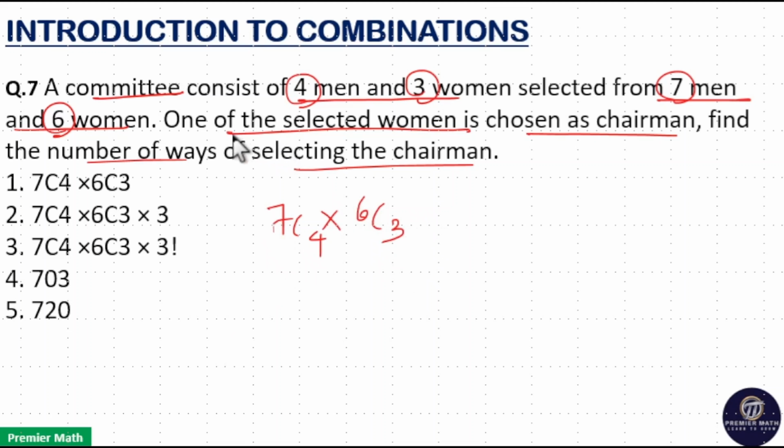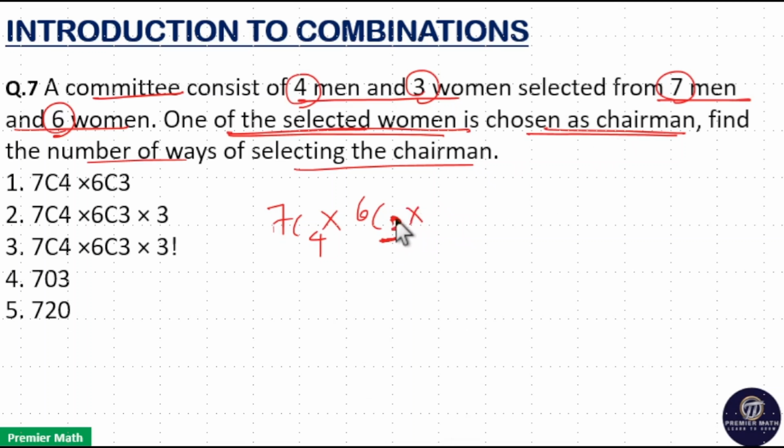Now, one of the selected women is chosen as chairman, means here the selected women are 3. So from these selected women we will select a chairman. So this selection of chairman is done from these selected 3 women. So multiply the possibilities of the chances of selecting chairman.